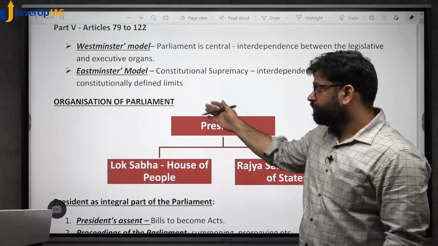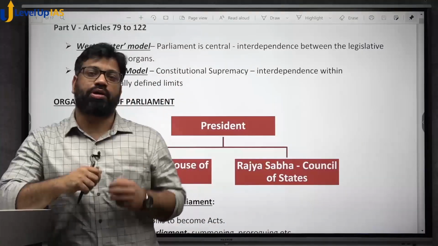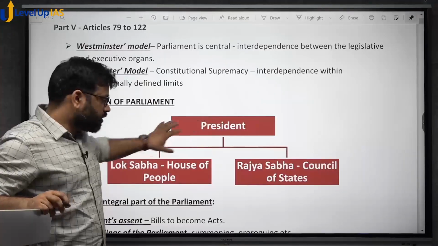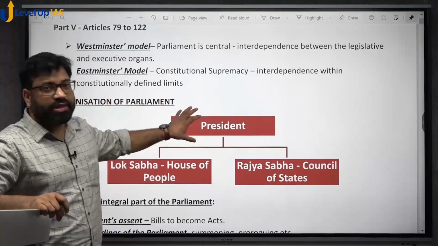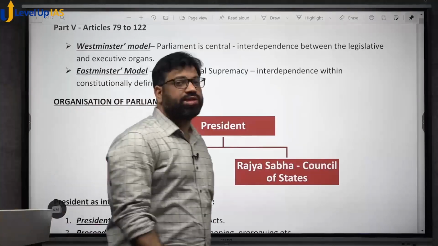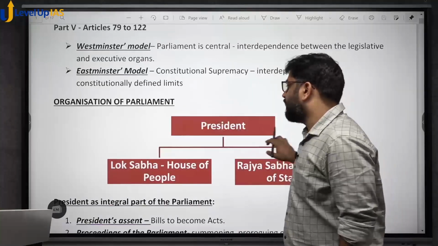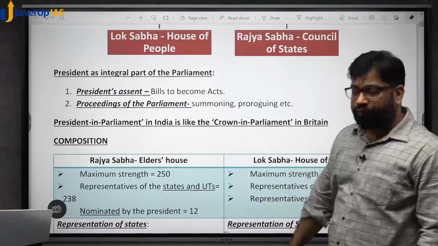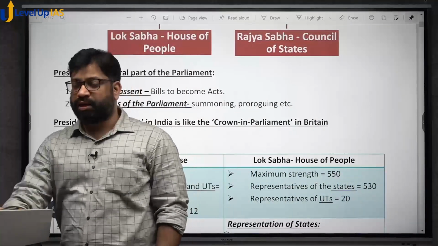Now if you see the organization of parliament in India, you will see three important institutions in it. Number one is the president, and then you see the Lok Sabha and the Rajya Sabha. Now the president does not go and sit in the sessions of parliament, yet the president is an integral part of the Parliament of India because of two important functions. Number one is presidential assent.